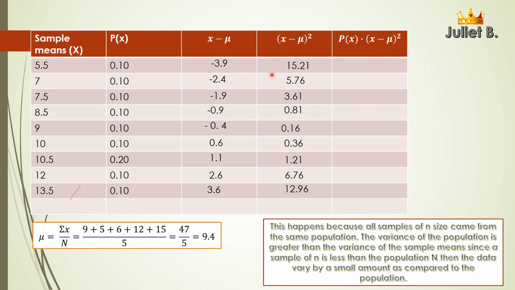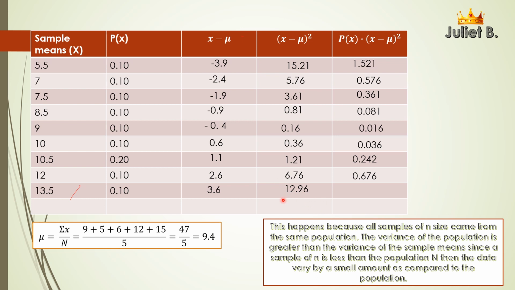So, 15.21 times 0.10 is 1.521. 5.76 times 0.10 is 0.576. 3.61 times 0.10 is 0.361. 0.81 times 0.10 is 0.081. 0.16 times 0.10 is 0.016. 0.36 times 0.10 is 0.036. 1.21 times 0.2 is 0.242. 6.76 times 0.10 is 0.676.